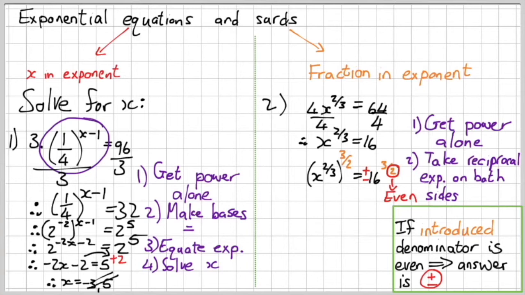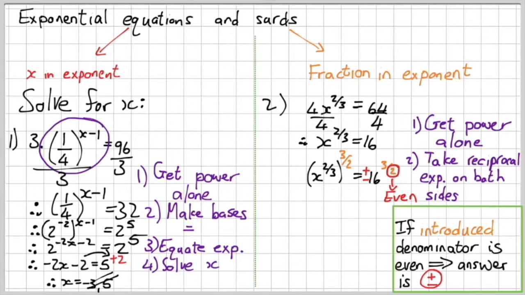The reason for that is that by taking an even power denominator, I'm actually bringing in square roots, fourth power roots, sixth, eighth, 10th power roots, which means that I have two possible answers, a positive answer and a negative. If it was over 3, it would be a cubic root, which does not need a plus or minus.